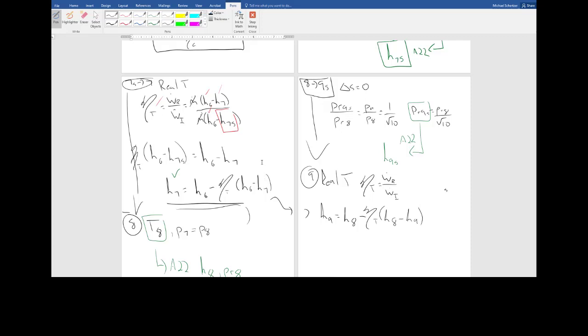Two things I can do now. Well, let's do the first one first. Right, so remember how we skipped state 5? Because when we did state 5, we didn't know state 9 yet. Right, but now we know state 9. So now I can go back to state 5.